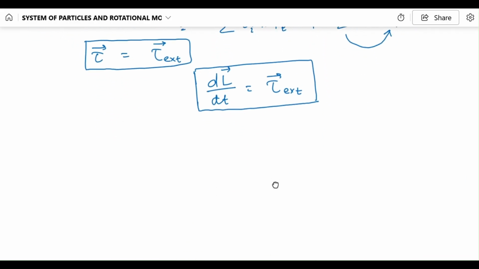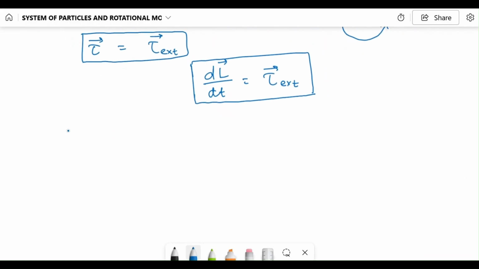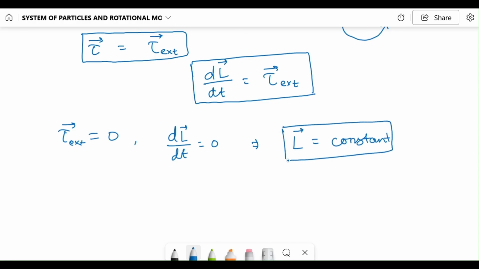Okay, so in case this external torque is zero, then the rate of change of total angular momentum of the system will also be zero, and this implies the angular momentum of the system is a constant, or it will remain conserved, as we have discussed in case of translational motion where linear momentum was conserved in the absence of net external force.